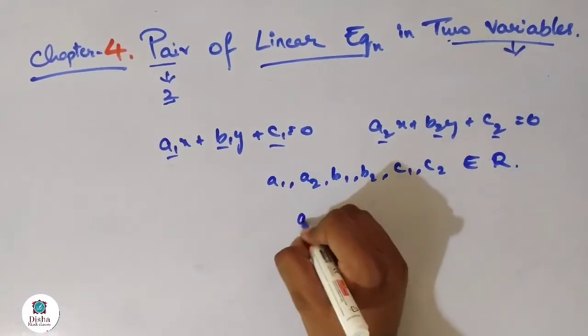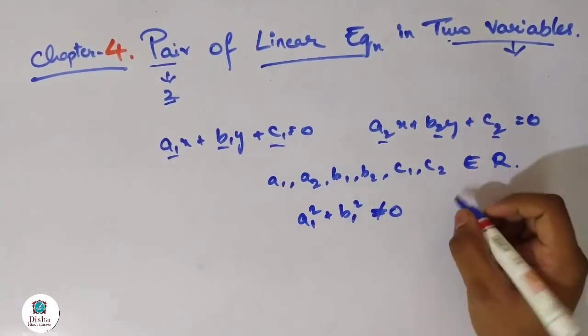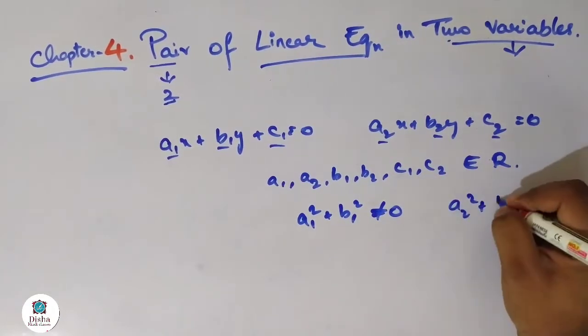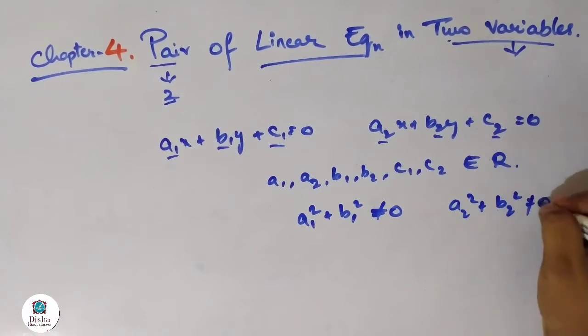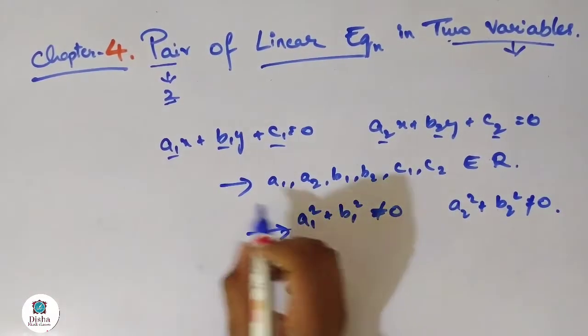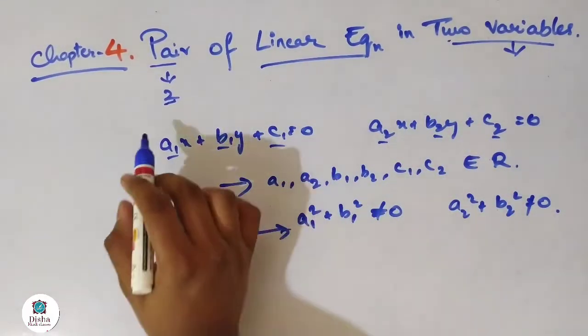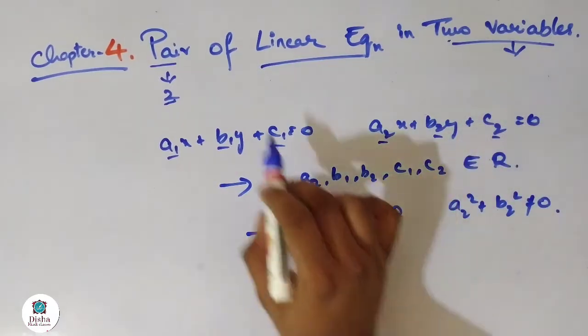And a1 square plus b1 square will not be equals to 0, a2 square plus b2 square will not be equals to 0. So if this pair of equations satisfy these two conditions, then it is a pair of linear equations.